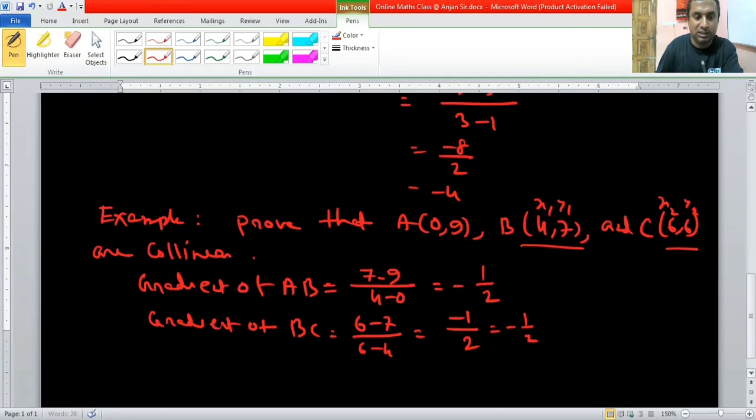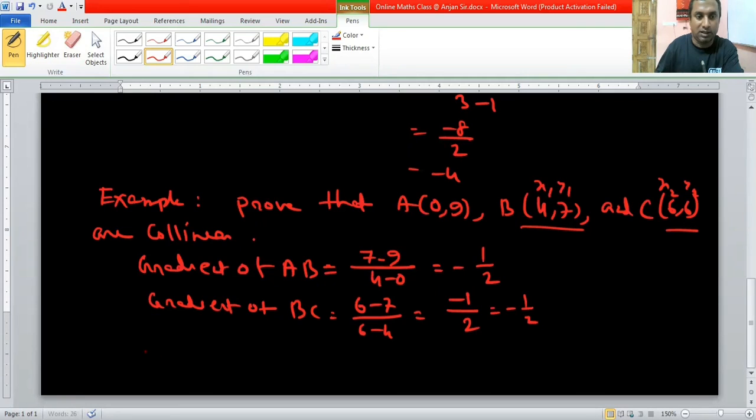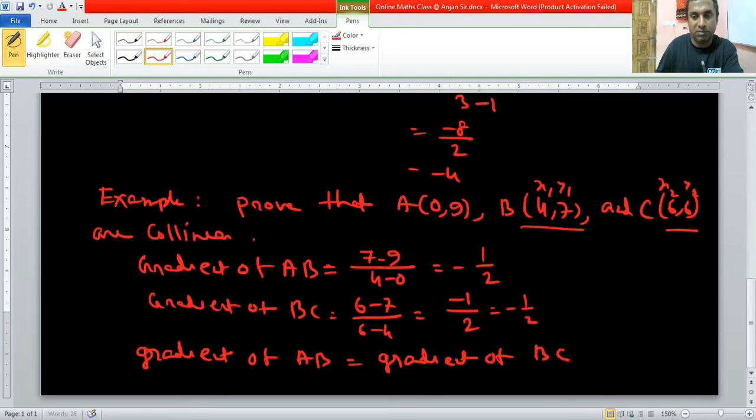So see, gradients are same. Gradient of AB equals to gradient of BC. So A, B and C are collinear. Okay.